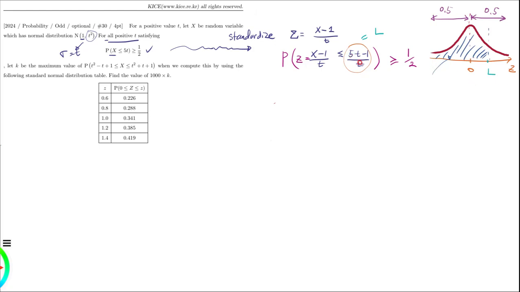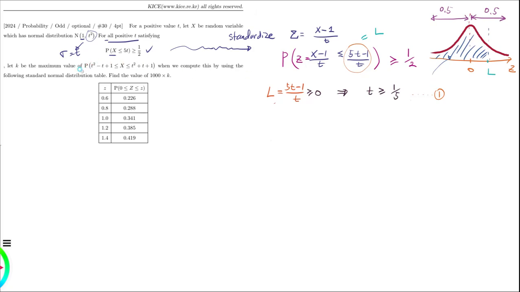So this L, 5 times t minus 1 over t, should be non-negative here, which means t should be equal or greater than 1/5. That's the condition for the positive t here.